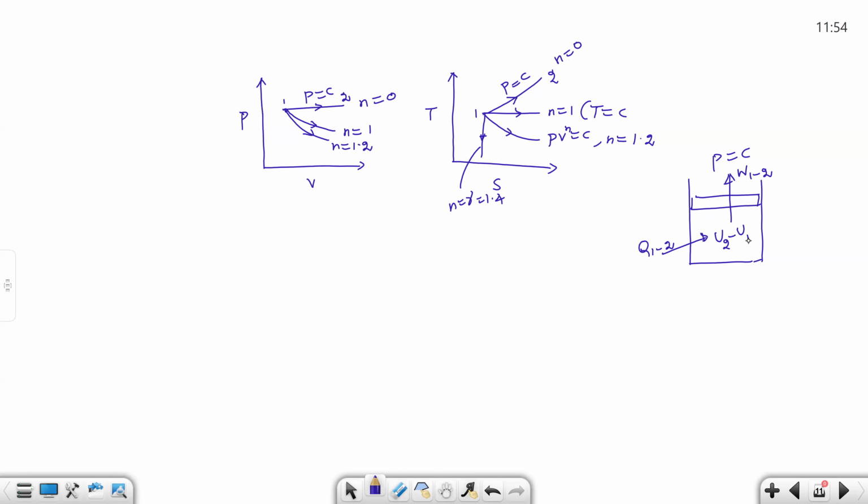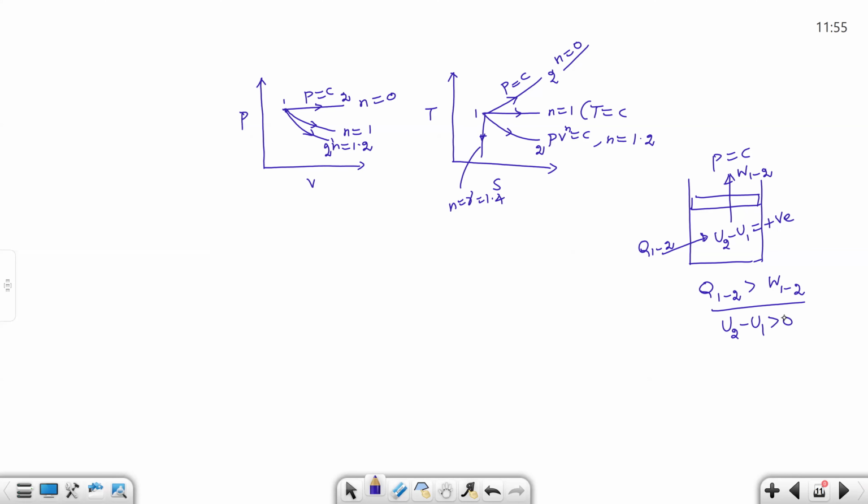Since the temperature is rising, you see the TS diagram for the process n equal to 0, the temperature is rising. So the internal energy change is positive. That means the heat supplied will be more than the work output.